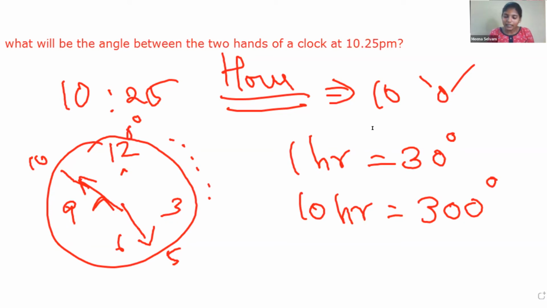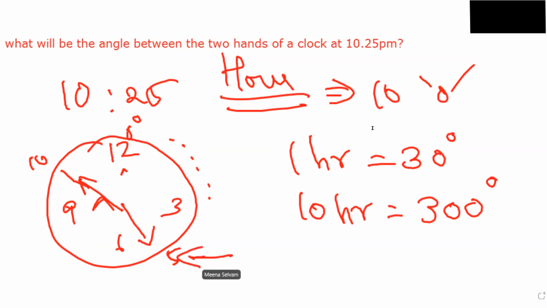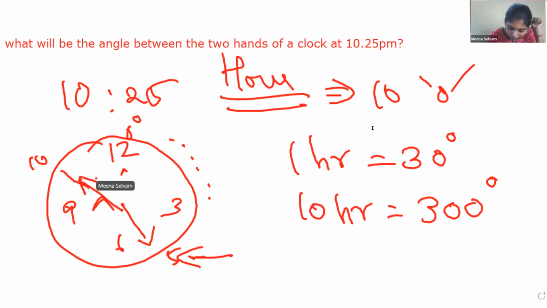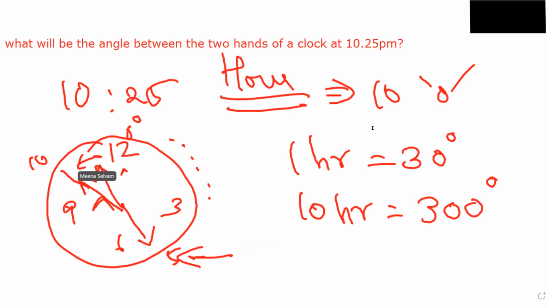The timing is 10:25, so 25 minutes have already passed since 10 o'clock. For the movement of the minute hand, how much would your hour hand have moved? It would have moved slightly.